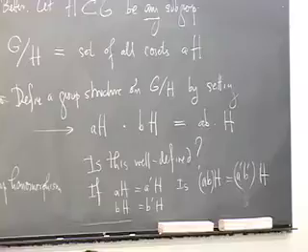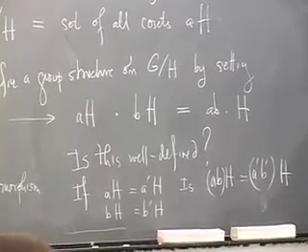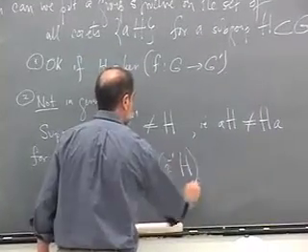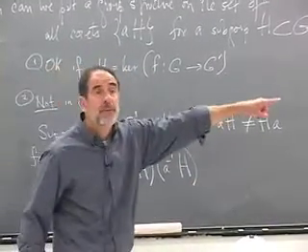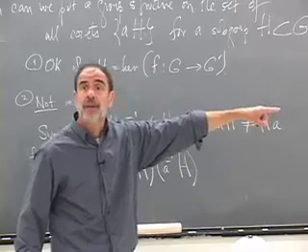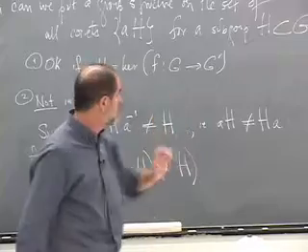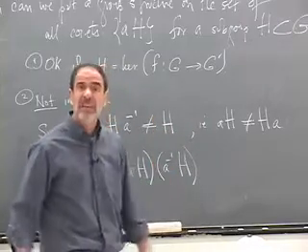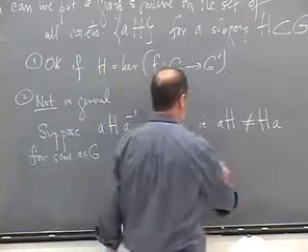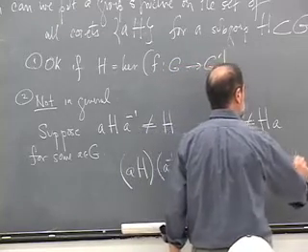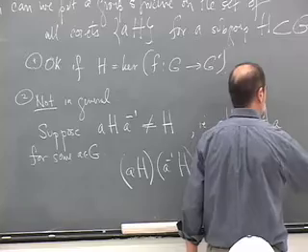Because let's multiply the coset AH by the coset A inverse H. Under this definition, it would get me what coset? It would get me the coset H, because A times A inverse is E. So this would be EH equal to H under this definition.